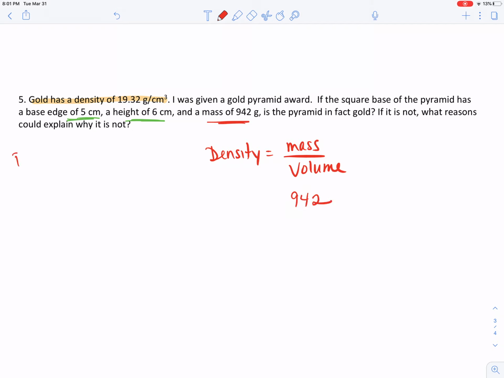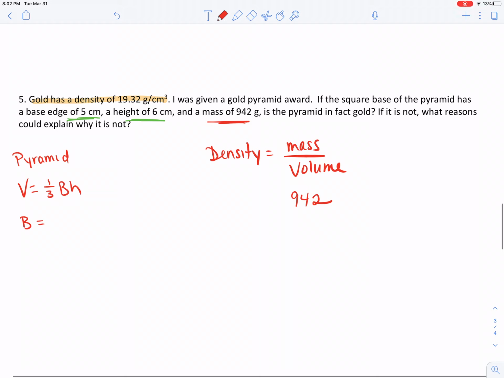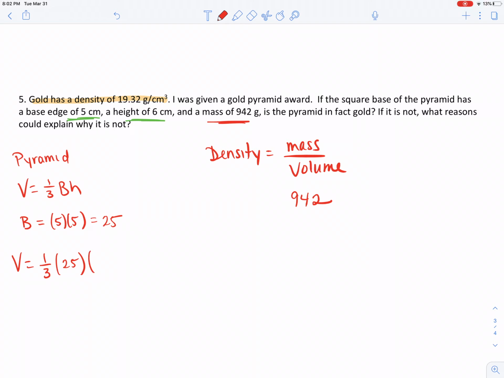Now the pyramid is going to have a volume of 1/3 base times height. So I could find the big B first. The square base is 5 by 5, which is 25. And then to get the volume of the pyramid, I'm going to do 1/3 times that 25 times the height, which was 6.